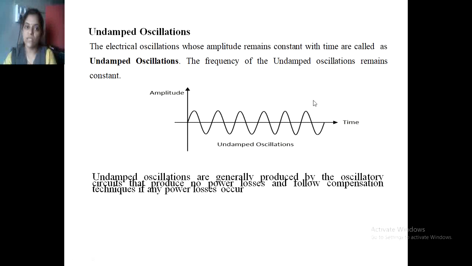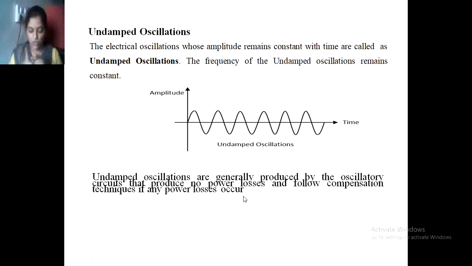So it is known as an undamped oscillation where the amplitude is constant as well as the oscillation frequency remains constant. Undamped oscillations are generally produced by an oscillatory circuit that produces no power loss and uses compensation techniques if any power losses occur.